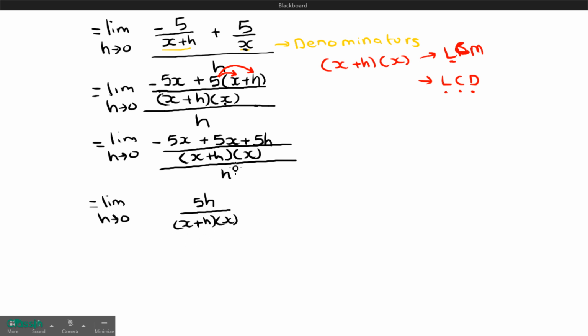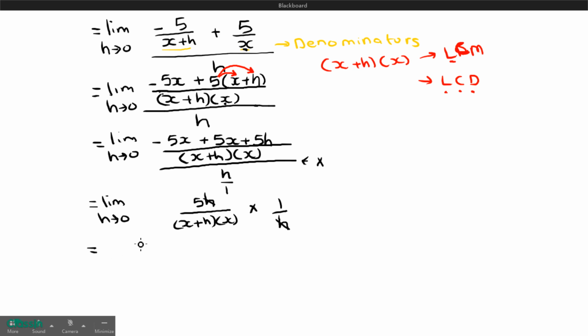Then, because we have two division lines and we know that h is the same as h over 1, we must change this division into multiplication. So when the division sign changes into multiplication, the h over 1 must flip: 1 must come on top and h must come at the bottom. So at the end of the day, we're going to have 1 over h. And because we are multiplying, the denominator h and the numerator h will cancel each other.